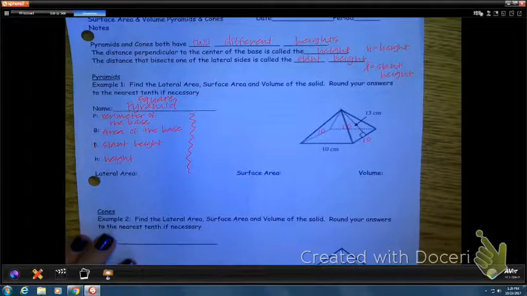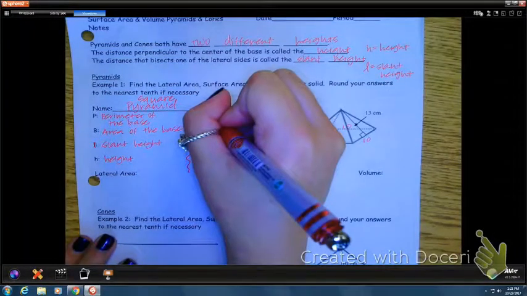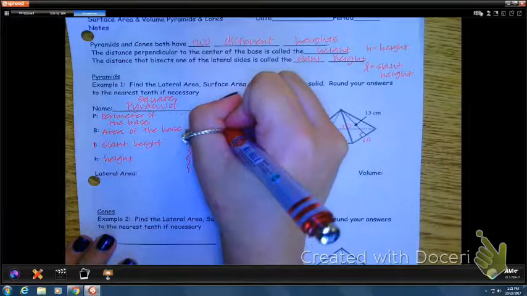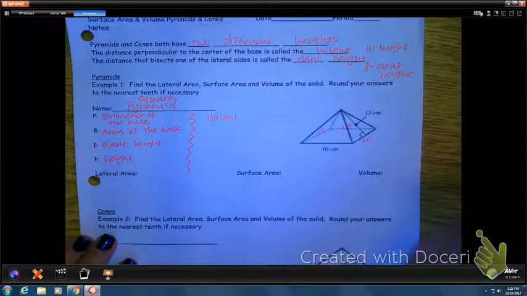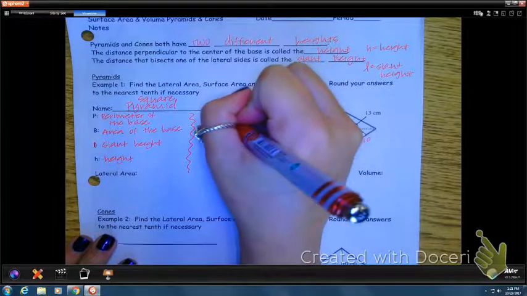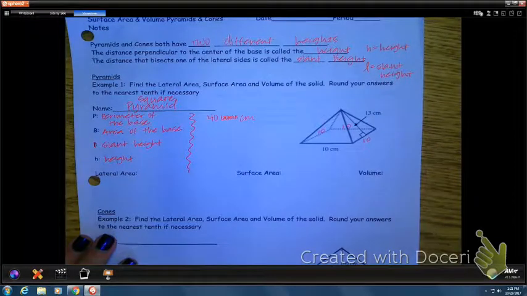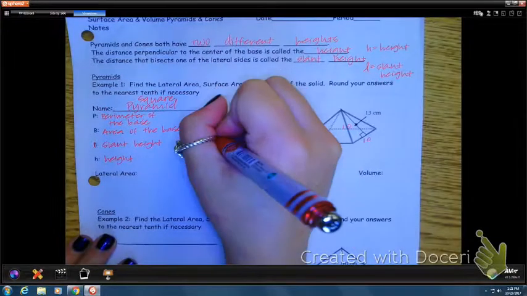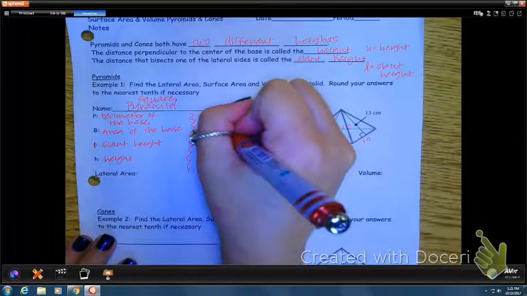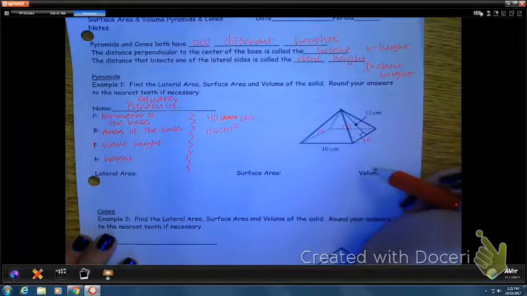Your perimeter of your base is then 40 units. In this case, we're in centimeters, so 40 centimeters. The area of our base is 100 centimeters squared. So length times width, 10 times 10.